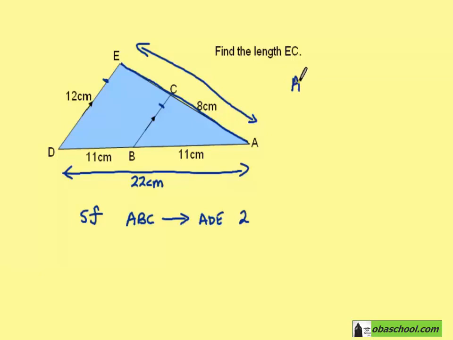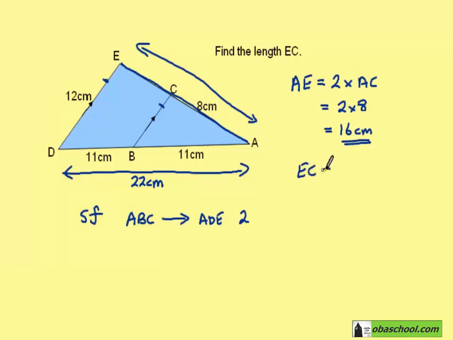EA is in the large triangle, so its length is going to be 2 times the length of AC, which is 2 times 8, which is 16 centimeters. So the whole of AE is 16 centimeters.